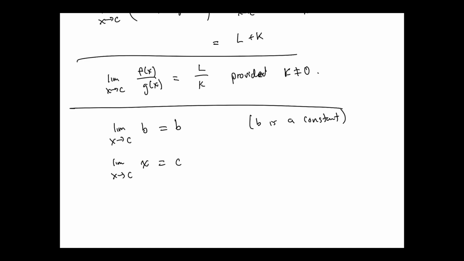What's that limit for f? 6. What's the limit as x approaches 9 of g? 3. So what should we get there for part A? We're getting that because it's 6 plus 3. Does that make sense?